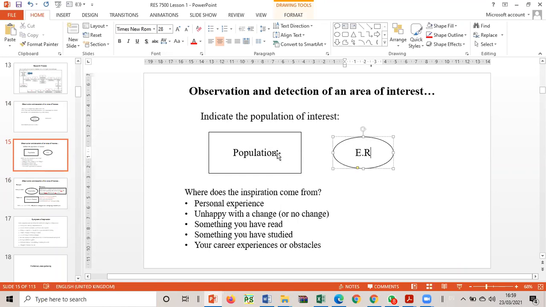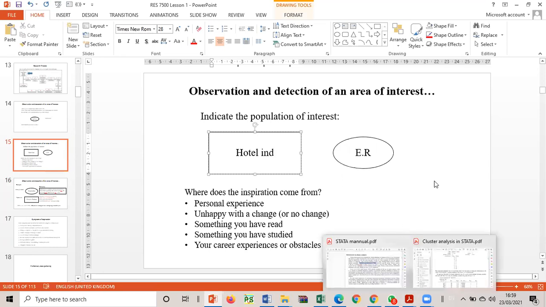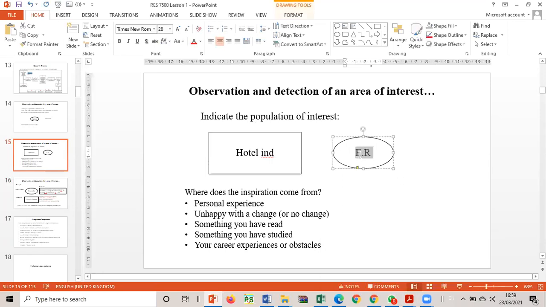Any particular sector or general? Employees in the hotel industry. Particularly the hotel industry. Then we know this will differ from other sectors, right? Industry will be different. Resilience, right? But before that, what's employee resilience?